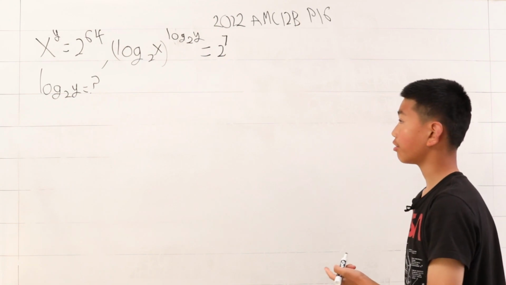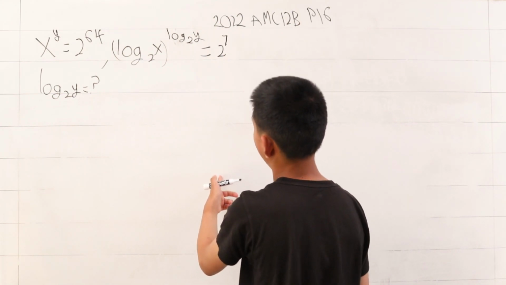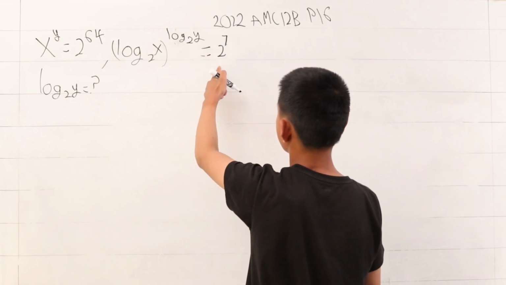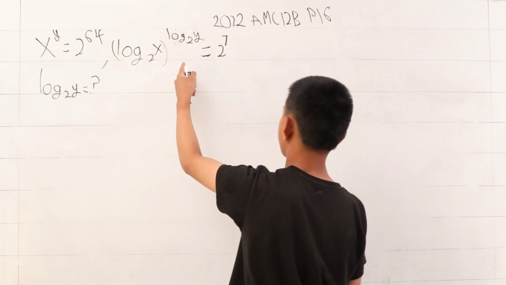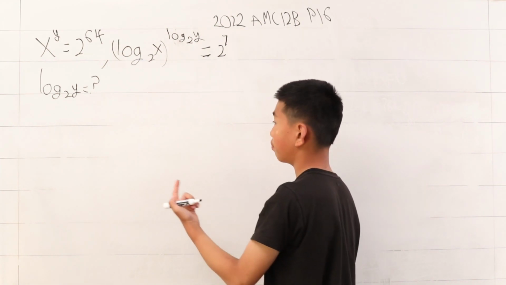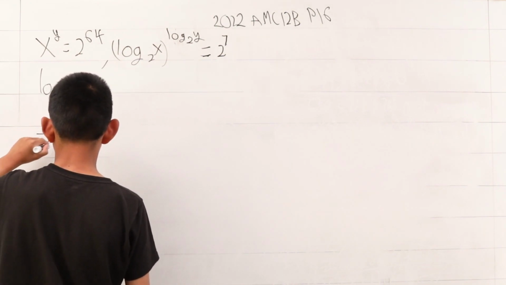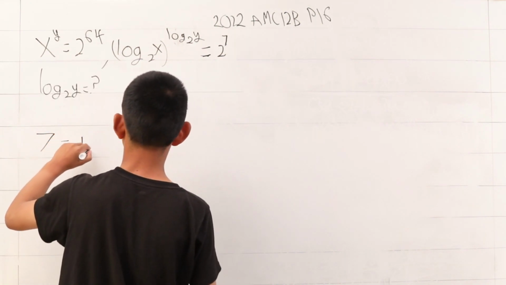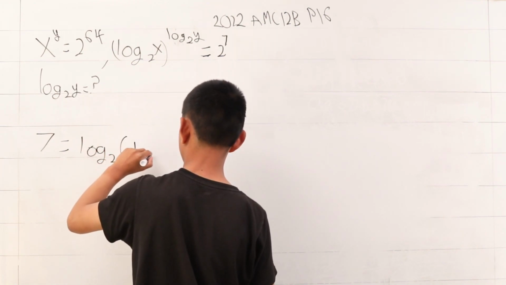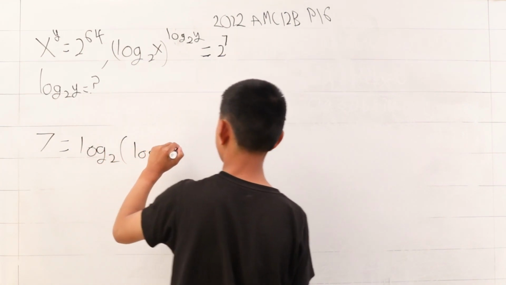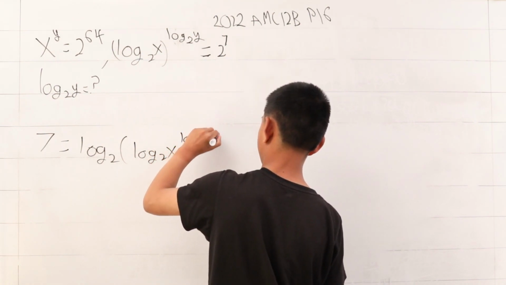So the first thing we can do here is really exchange things around. We can write this constraint as a logarithm equation. So therefore, when you do that, you get 7 is equal to log base 2 of (log base 2 of x) to the power of log base 2 of y.